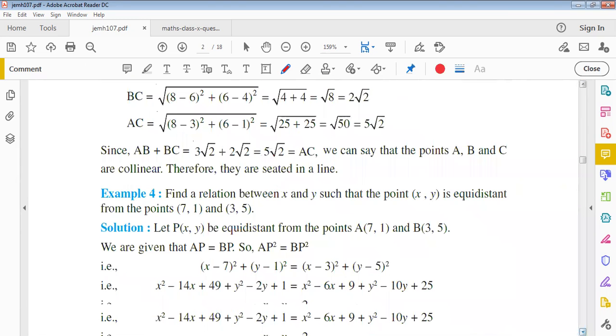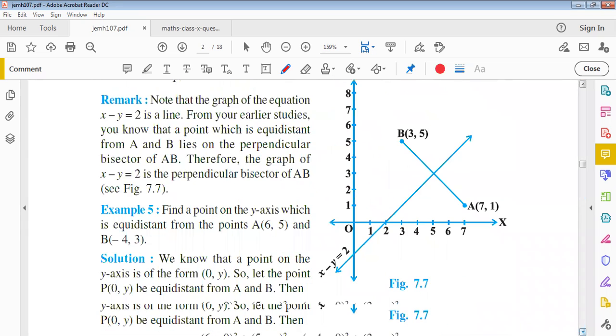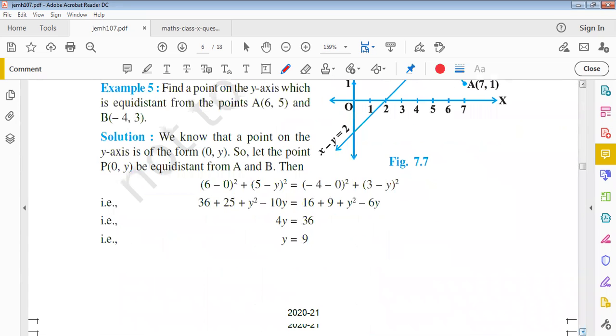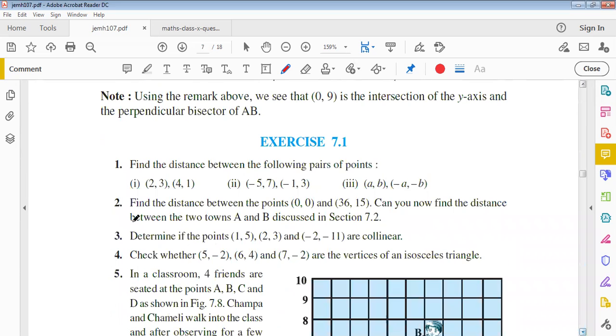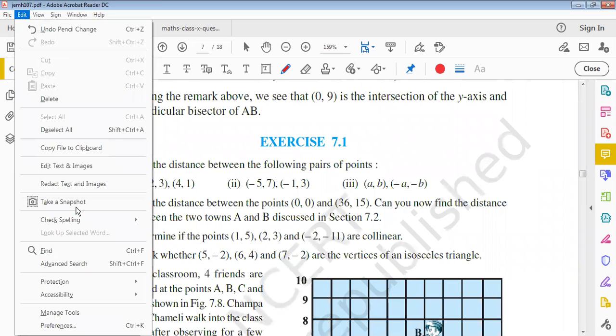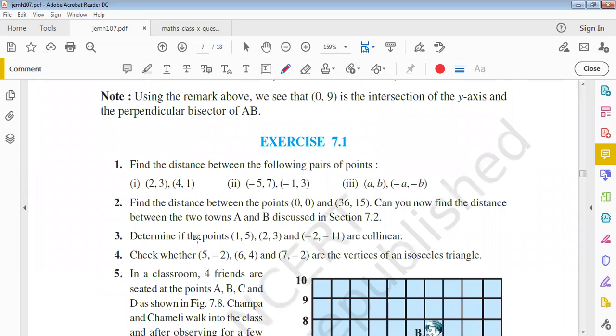Next question is about collinear points. Question number 3: determine if the points are collinear. What do you mean by collinear?